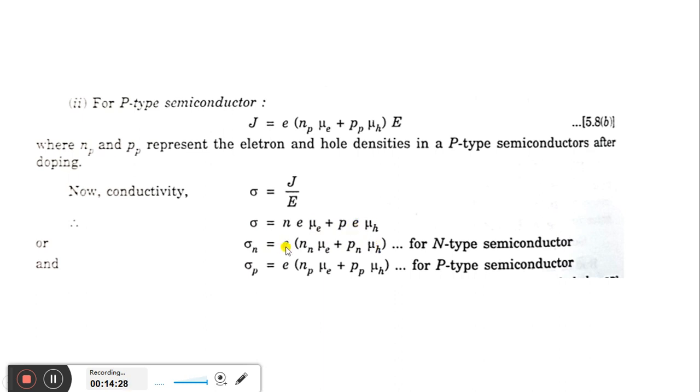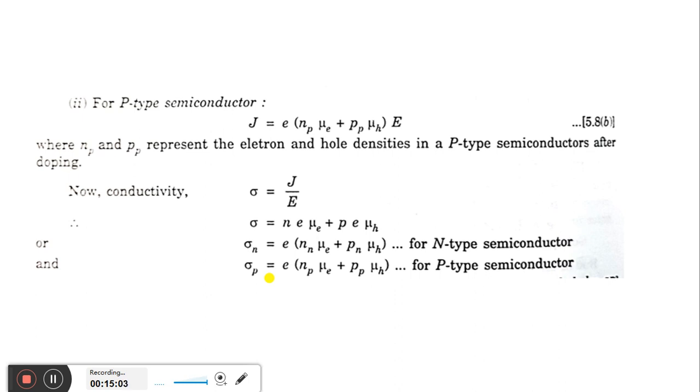Similarly, for the p-type semiconductor material, the conductivity sigma p equals e Np mu e plus Pp mu h. So these are the simple equations derived here for n-type and p-type semiconductor material.